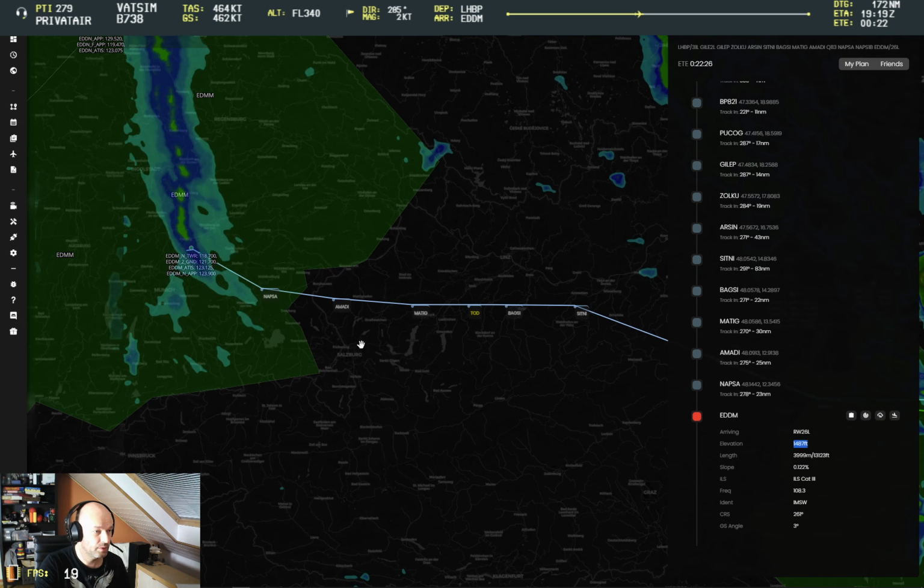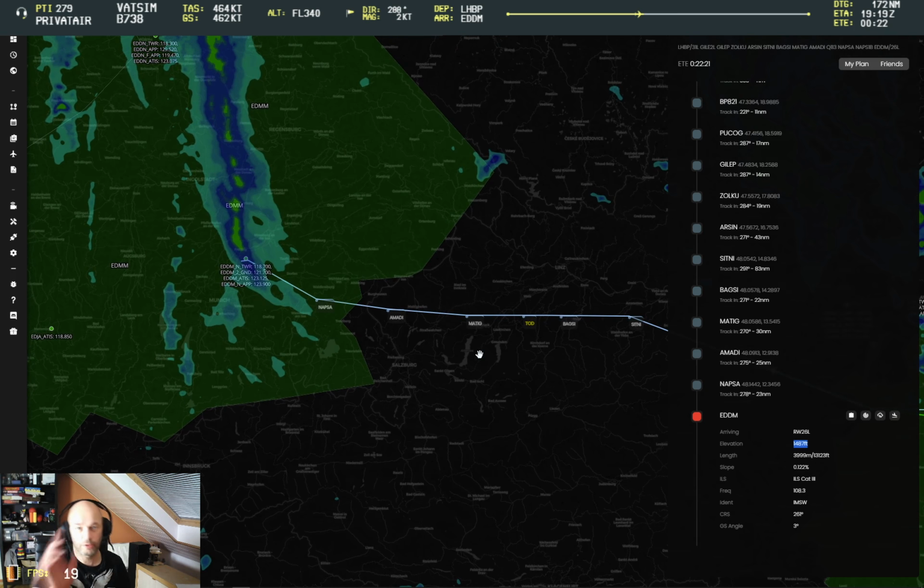So as you can see, those of you who don't know, Munich is operating 2 parallel runways, and because there's such a huge distance between these runways, they can basically operate these 2 runways as if they were 2 separate airports. So they operate the northern runway independently from the southern runway.